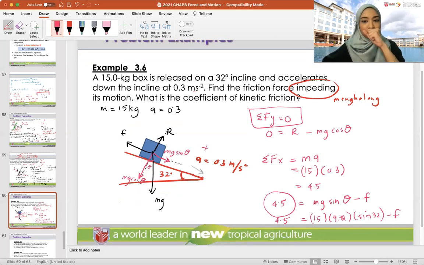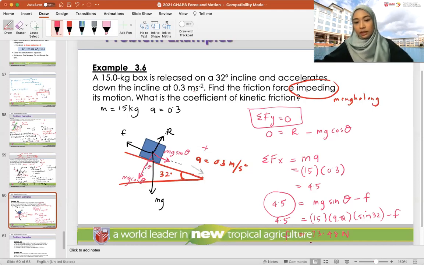So you can solve for friction. So friction is... Can someone calculate this for me please? I need someone to double check my answer. 15 times 9.81 times sine 32 minus 4.5 gives 73.48. Correct?